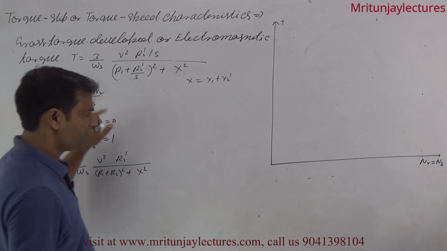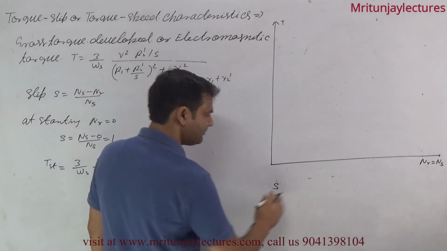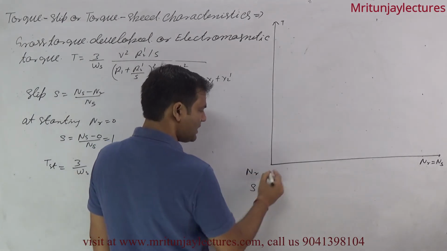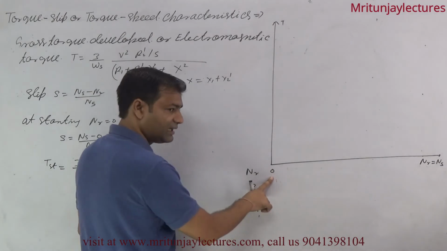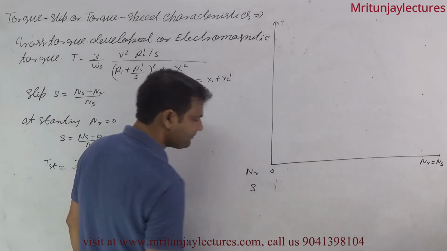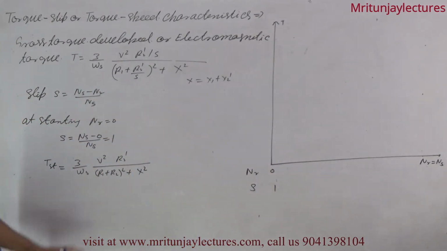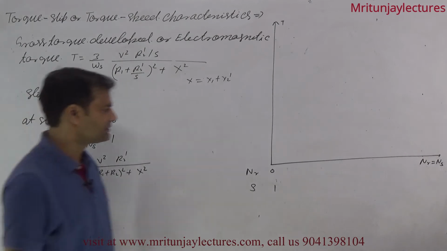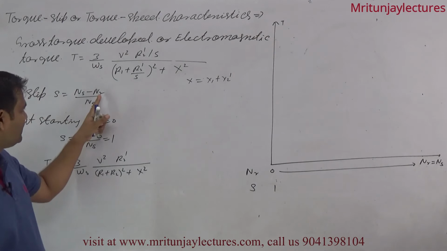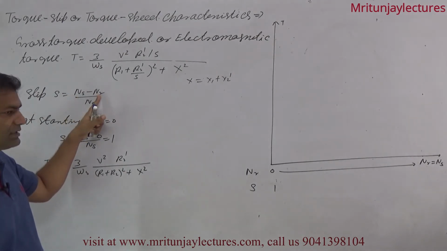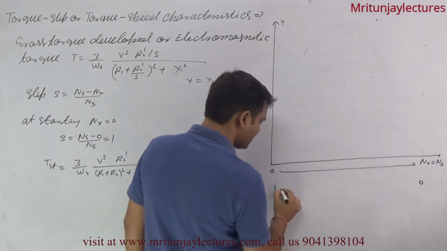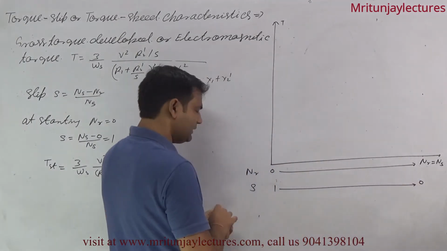At starting, if you draw corresponding to slip, here that is Ns and that is Nr. Nr is 0 at starting. What about slip? It is 1, okay. Now if Nr is equal to Ns, it means speed increases. What about slip? If Nr is equal to Ns, then Ns minus Ns is equal to 0. It means slip is 0, like this. In this direction, slip decreases.